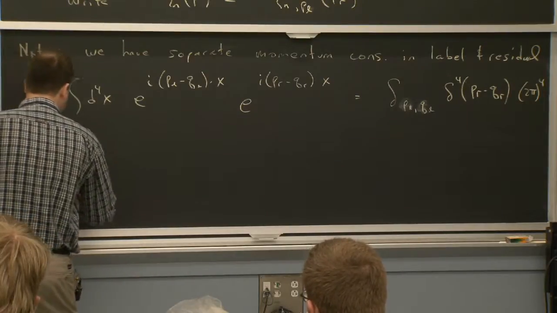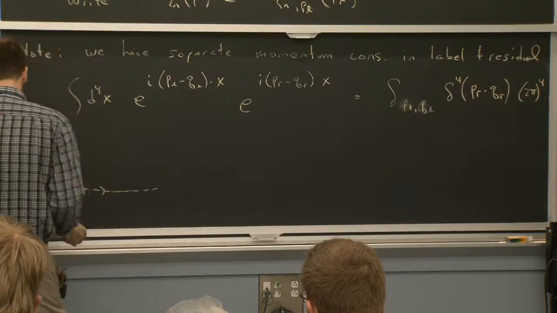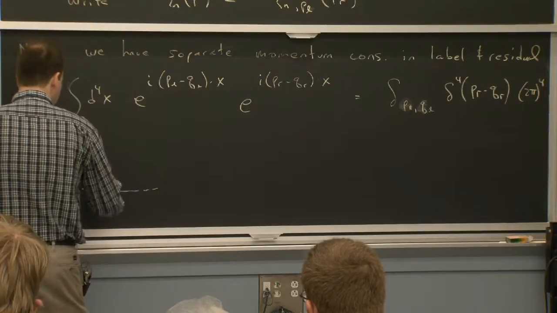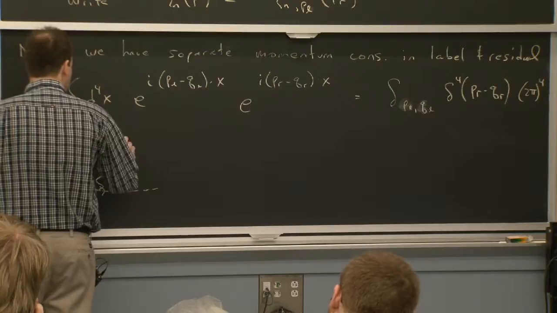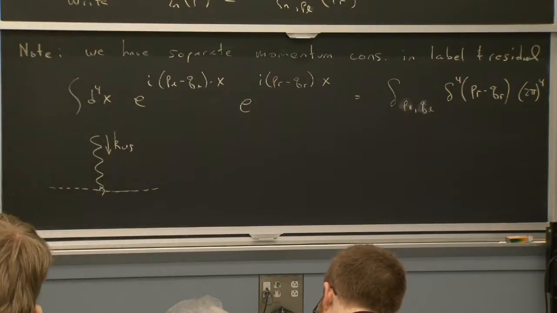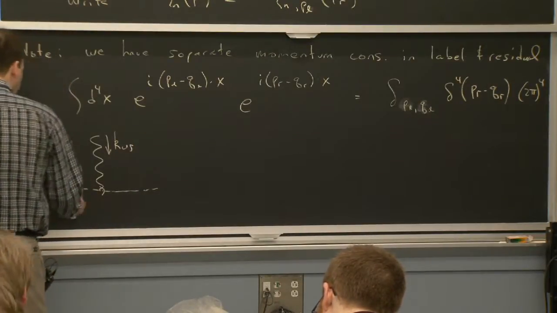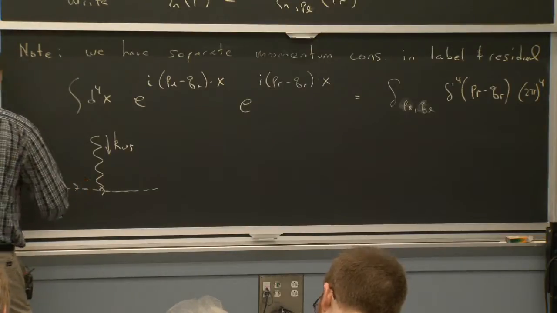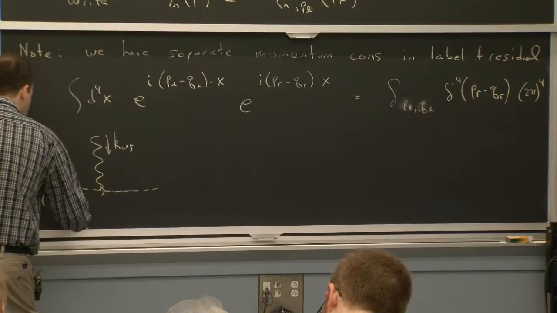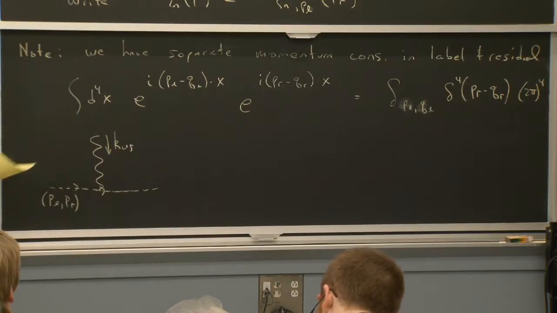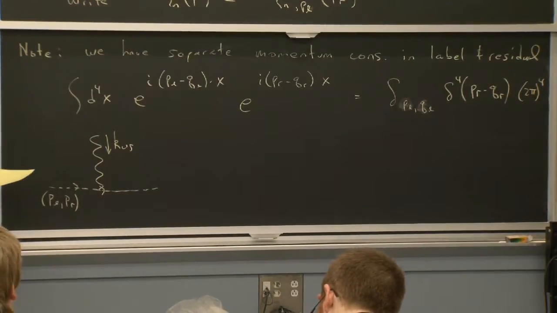We don't give up momentum conservation, it's just that we go over to a picture where we have 2 of them. So let me show you how that works. Let's say we have an ultrasoft particle, and it's hitting a collinear quark. The collinear quark, because it's collinear, carries 2 types of momentum. It carries a label P and a residual. But the ultrasoft guy only carries residual.